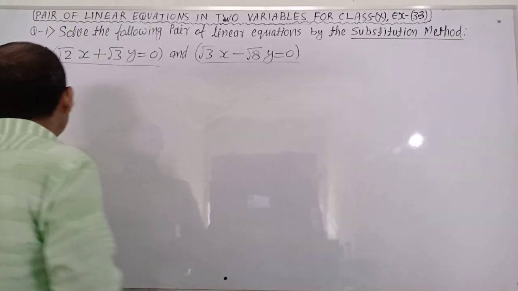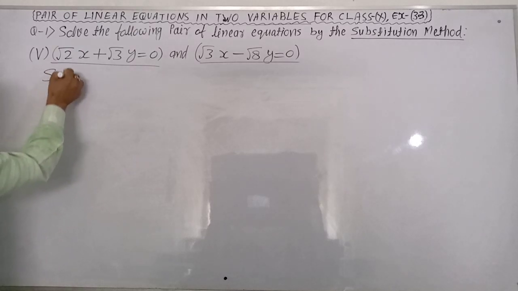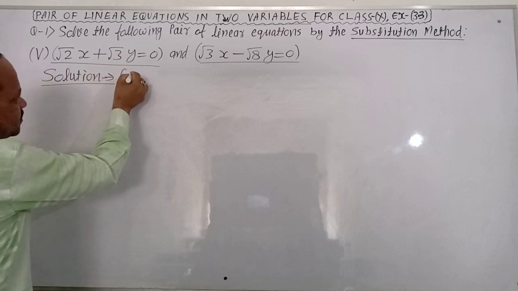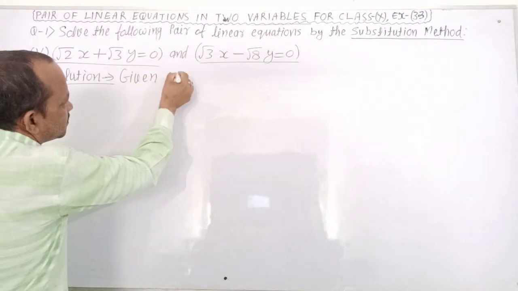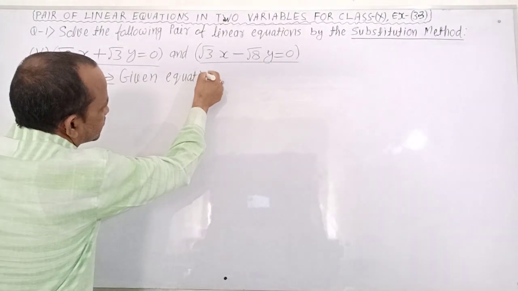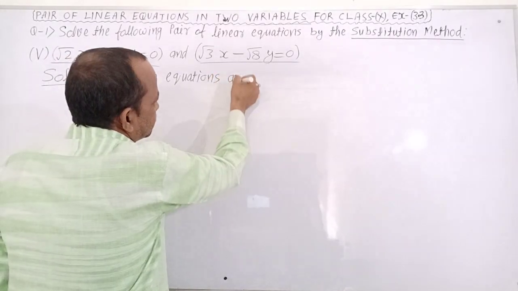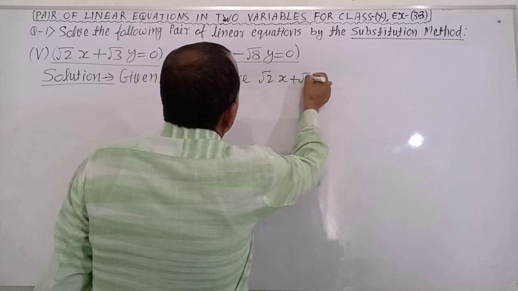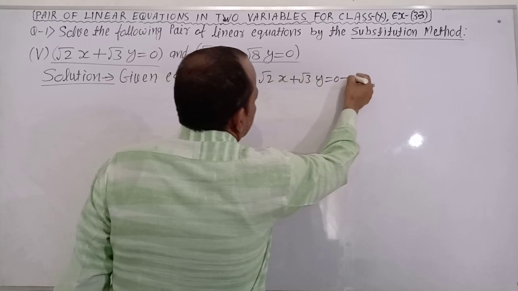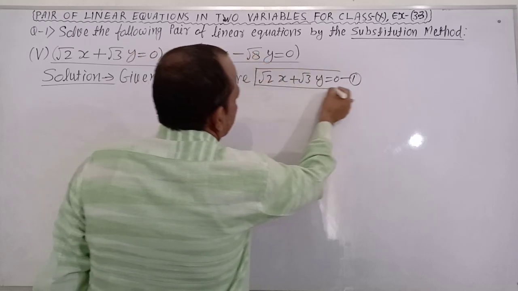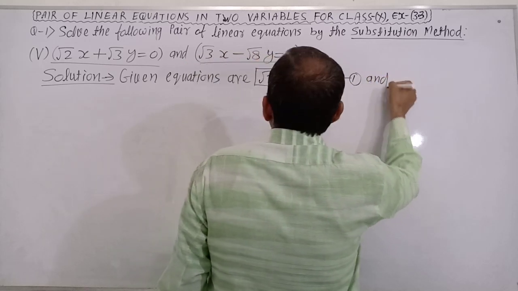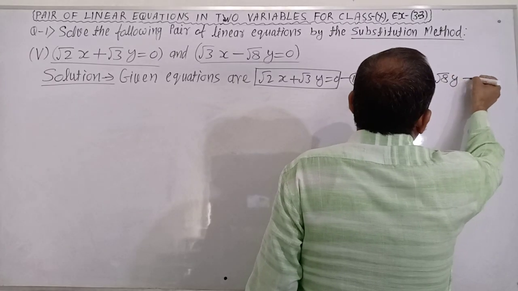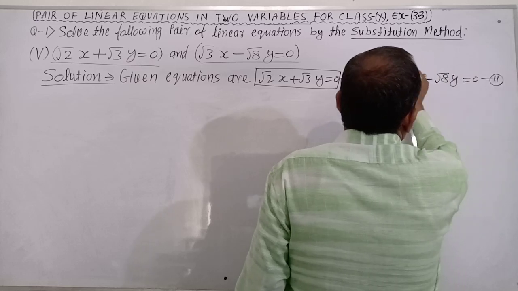See the solution. Given equations are root 2x plus root 3y equal to 0, equation first, and root 3x minus root 8y equal to 0, equation second.